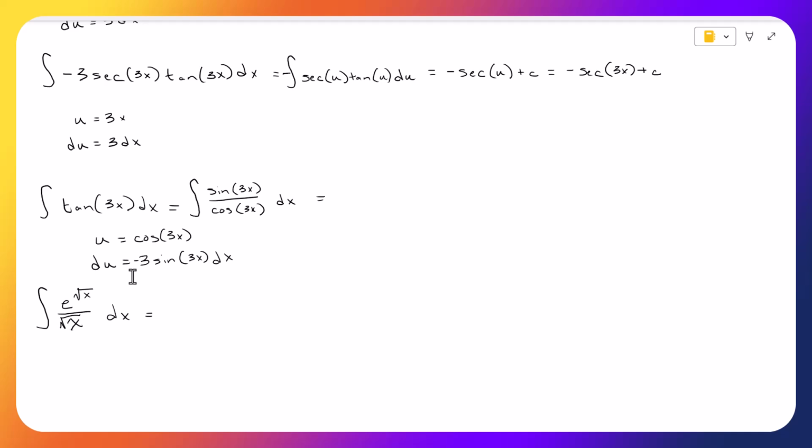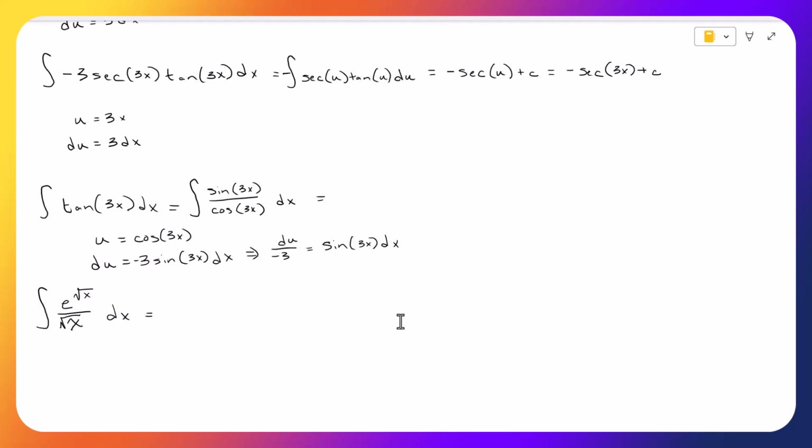So I'm going to say du divided by negative 3 equals sine of 3x dx. So I'm trying to turn this into something that I can just put into my function. If it doesn't work, we solve for the whole thing. You can actually always solve for the whole thing and it'll work out.